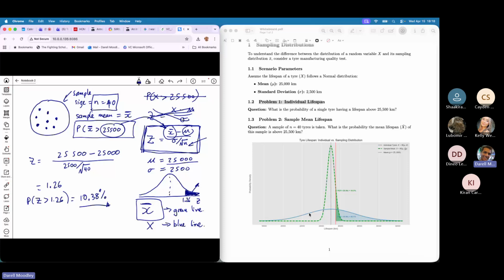But as your distribution narrows, then the uncertainty becomes less. And that's essentially what you're doing when you take a sample. You get a more reliable result, a value that's not as spread out, because you're looking at things collectively.